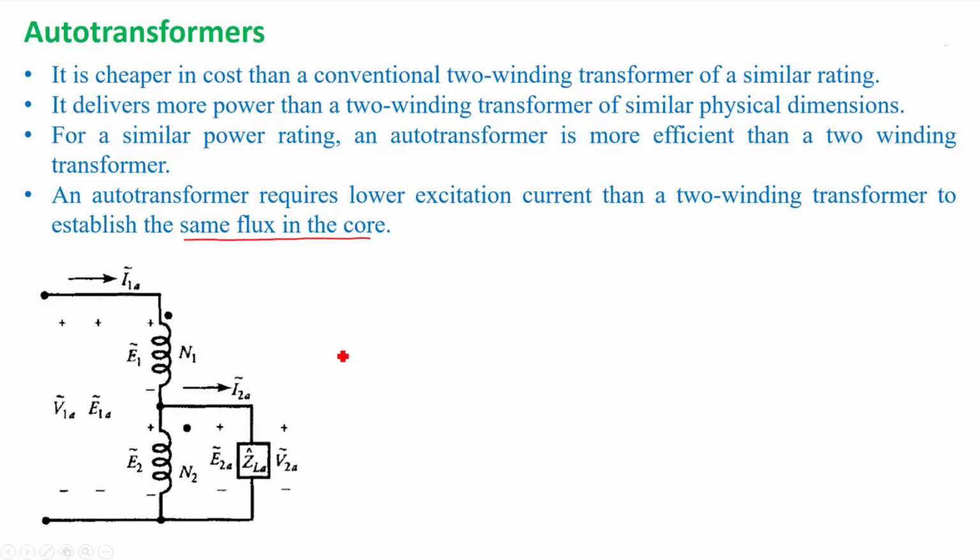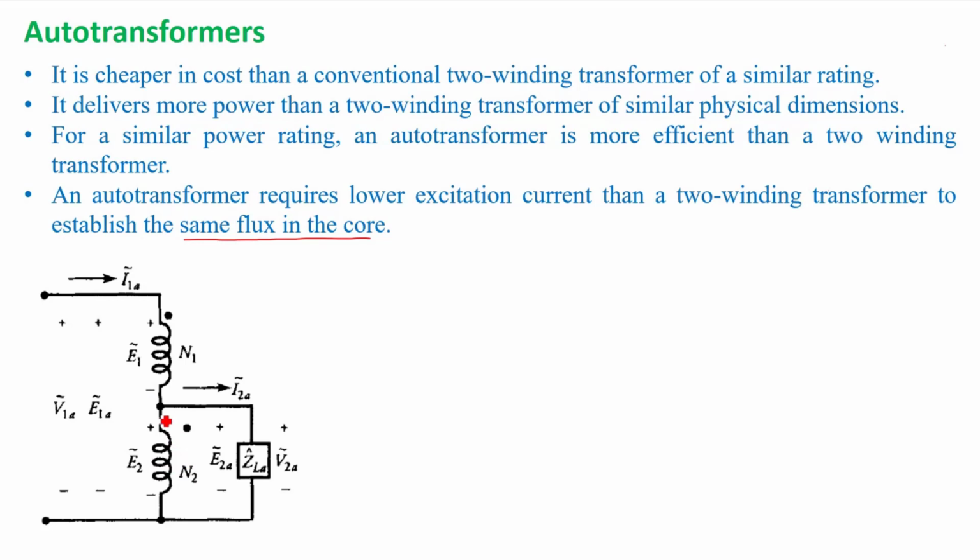Okay, so now let us connect these two windings in series like an auto transformer and see its performance. This is an ideal two winding transformer connected like an auto transformer. So here the primary winding is connected to the secondary winding in series, and the output is taken at the secondary side across N2.